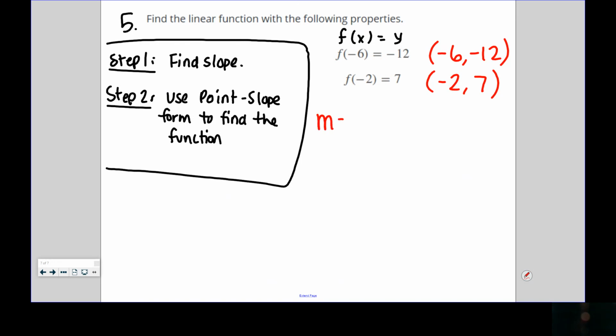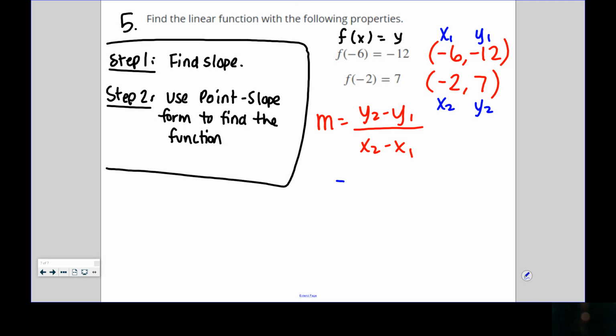Go ahead and label your points. I'm going to call the top one x1, y1, and the bottom one x2, y2. Doesn't matter how you label these, you can call the top one x2, y2, and the bottom one x1, y1. You get the same answer.